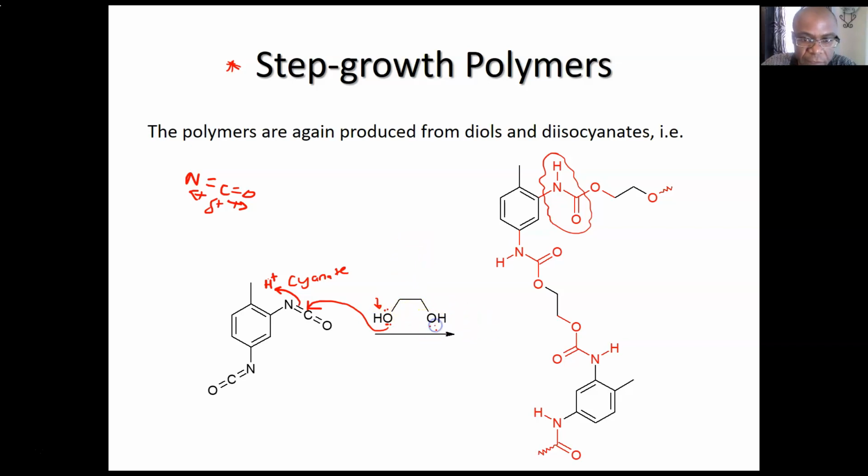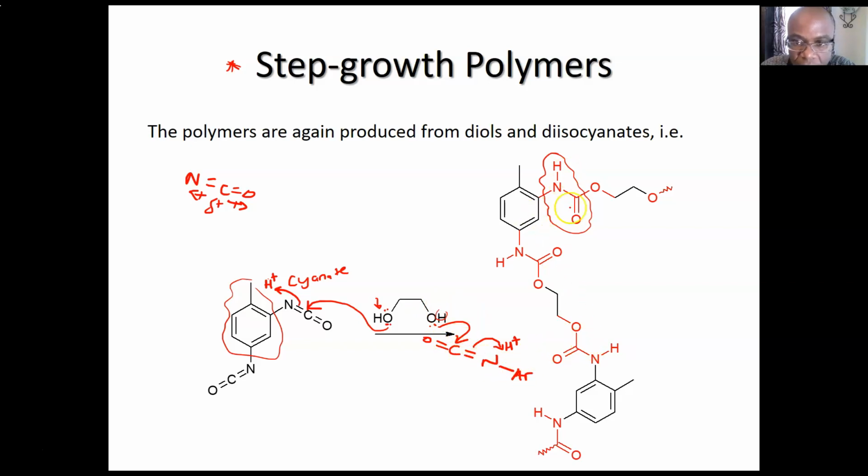So this oxygen here can do the same thing, attacking another cyanate. Let me just say this is an aryl group, meaning it's another monomer, so you can attack here and this opens up, picking up a proton, which is this proton right here.